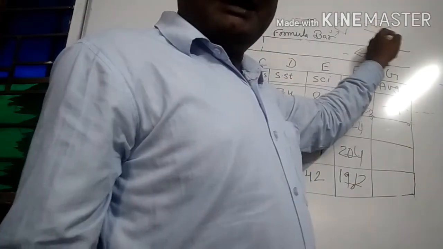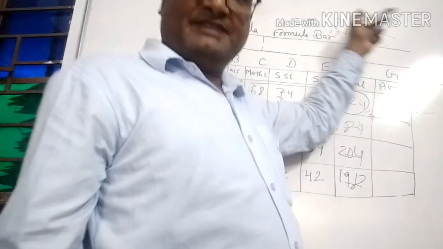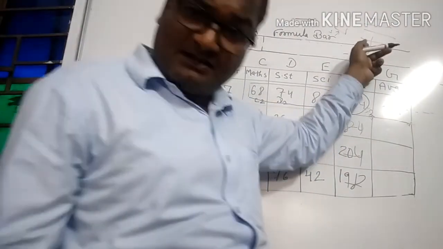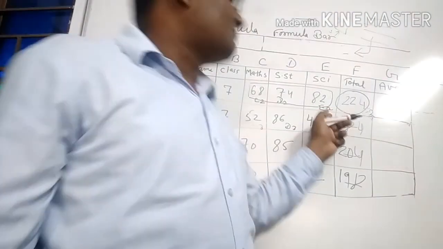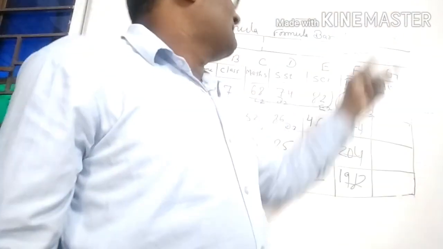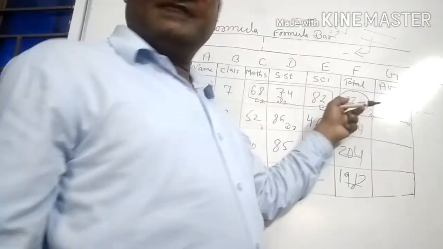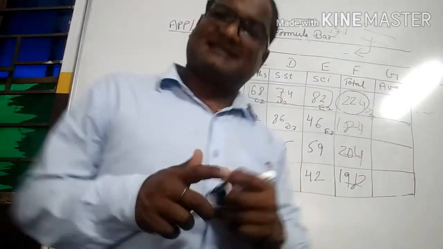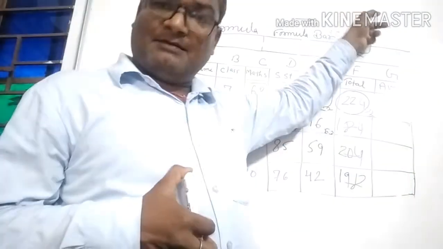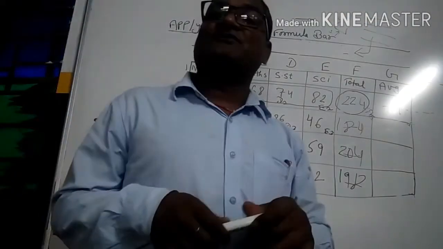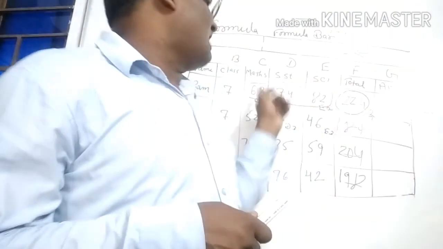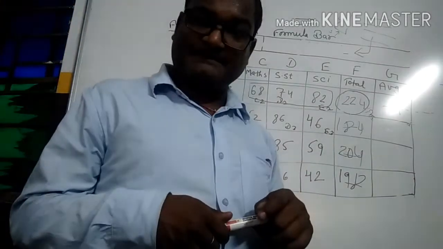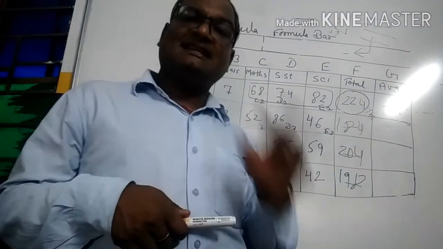When you click here, a number of options will appear on your screen, such as sum, average, count. Right now you want the sum, so just click on the sum. As you click on the sum, this output will appear on your screen. That means by the help of Auto Sum we can also find the average, and we can count the column also. This is the second way.